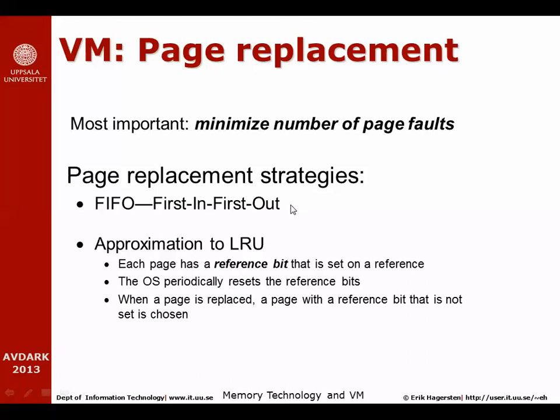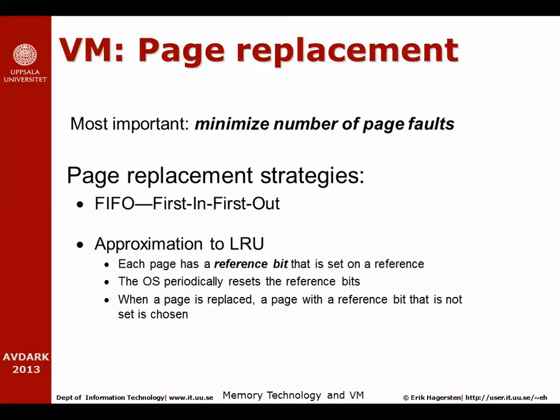You simply take the page that's been living in the memory the longest and you throw that one out. Or you can do some approximation of LRU. It's very common that in the page table entry you have a specific reference bit that says whether or not this page has been accessed recently.